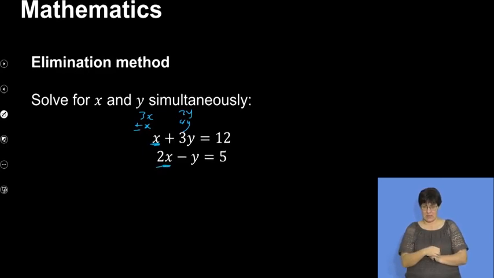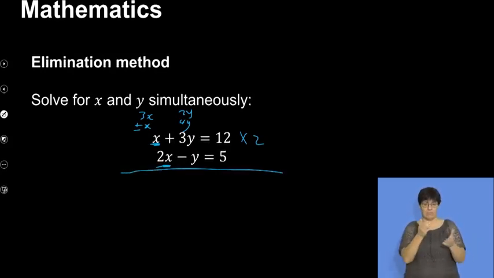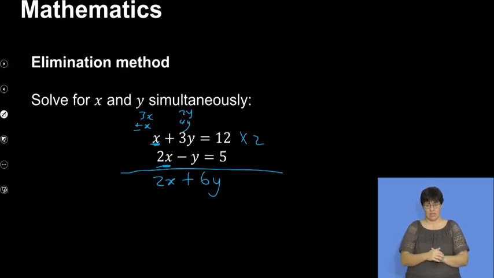That will remain 2x. So I must multiply this by 2 in order to make that 2x. But remember, mathematically, what you do on one side, you must do with everything else to maintain the balance. So this will now be 2x plus 6y equal to 24.